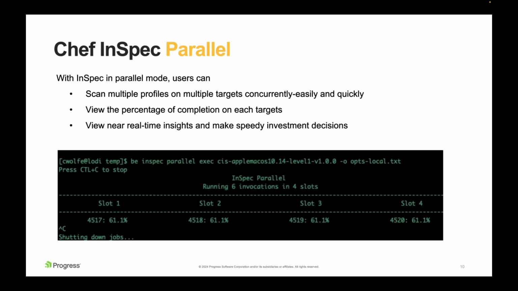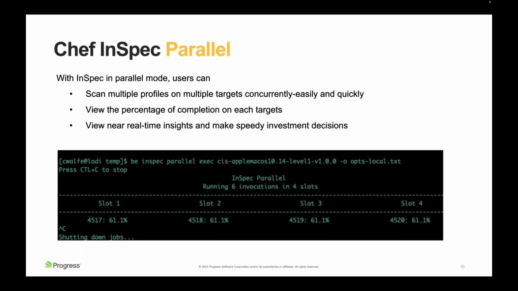And unlike traditional sequential audits, InSpec Parallel basically speeds up the processes, enabling teams to manage large infrastructures without sacrificing performance. It also provides real-time insights showing the percentage of completion for each target, which basically helps each team track their own progress and make faster and informed decisions at the end of the day.